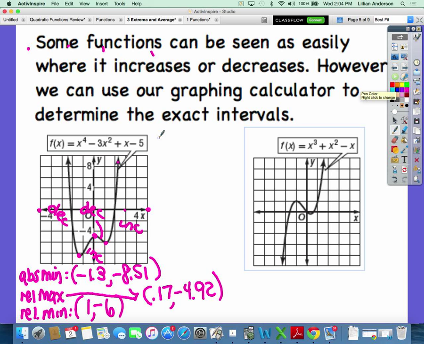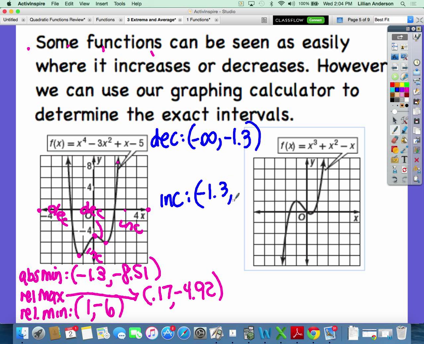So first I am decreasing from negative 2 to negative 1.3, because that's the x coordinate of that minimum. Then I'm increasing from negative 1.3 to 0.17.